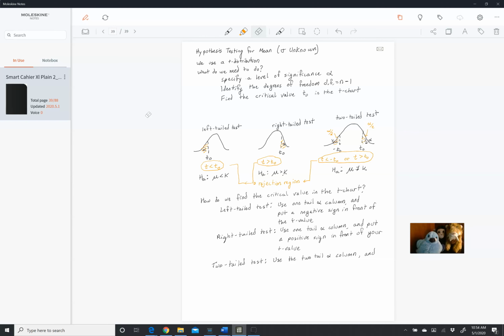And you're going to put both a positive sign, which will give you your positive t sub 0, and a negative sign, which will give you your negative t sub 0, in front of your t-value.